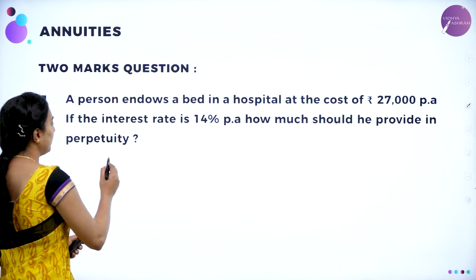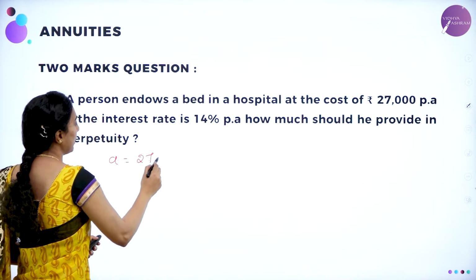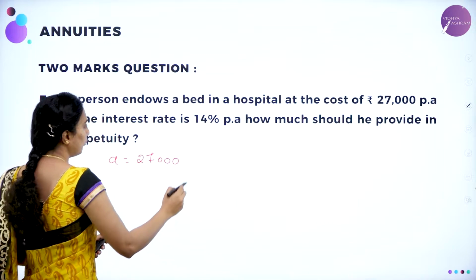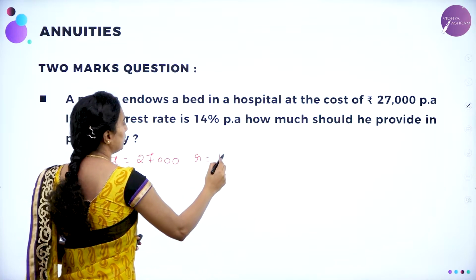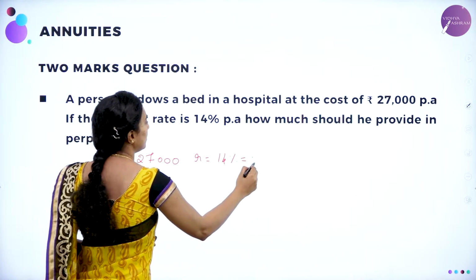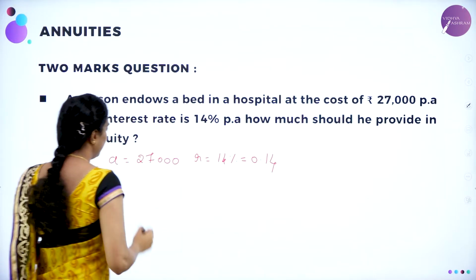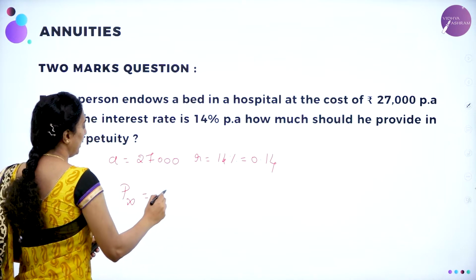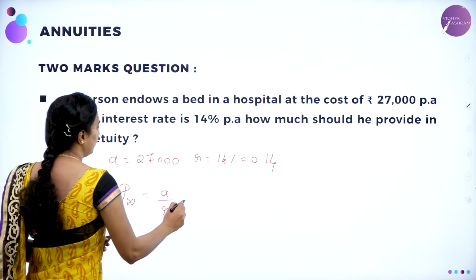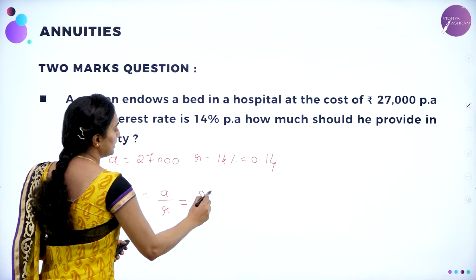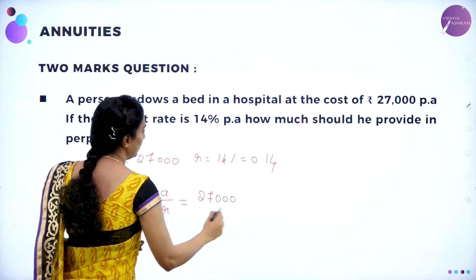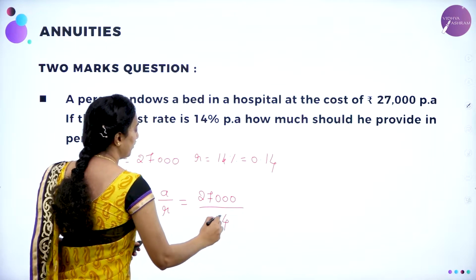So, A they have given as 27,000, and 14% per annum, R is equal to 14%, which is 0.14. P infinity is given by A divided by R, which is 27,000 divided by 0.14.